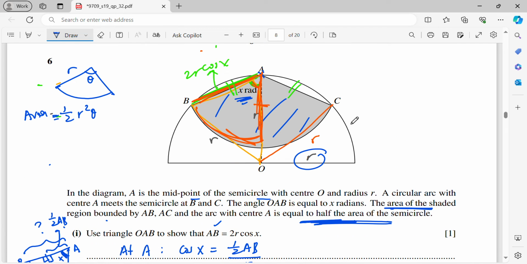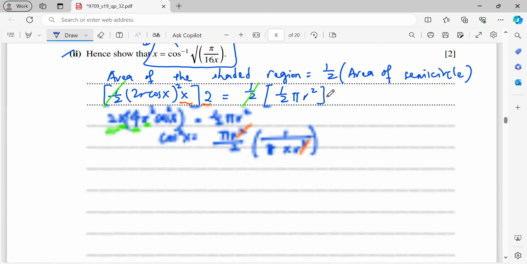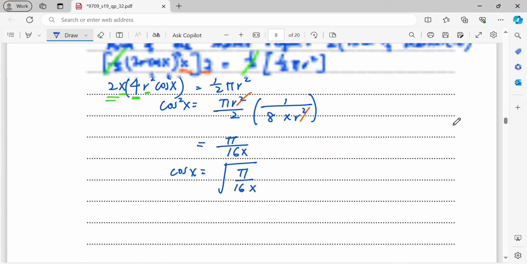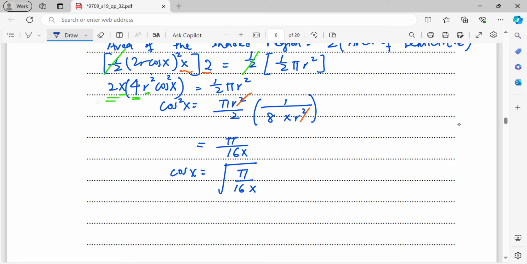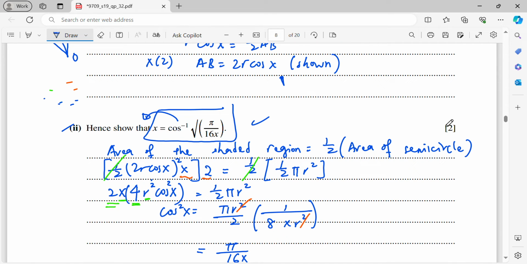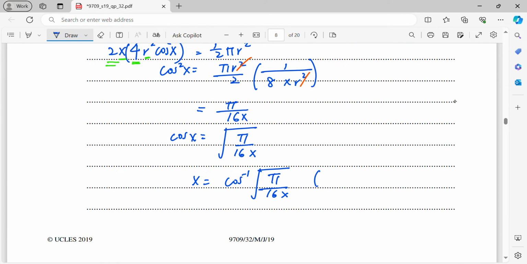Your x here is between 0 and 90 degrees, which is an acute angle. Therefore, when you take the cos x, it will be the positive square root, right? It will not be the negative square root because it is an acute angle. Therefore, from here, my x equals inverse cos of the square root of pi over 16x. Now just check. You need to prove this. So we have proven the expression.